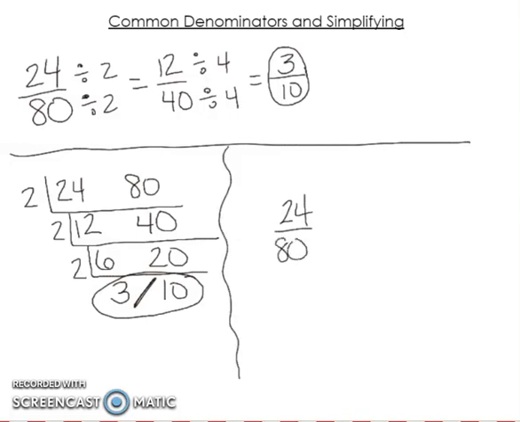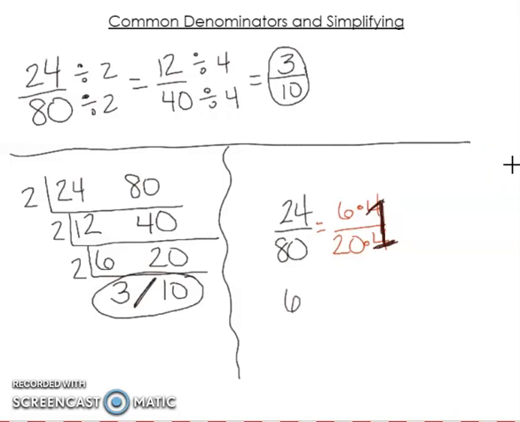Or the other method, the last method, 24 over 80. I'm just going to think, okay, what are 2 factors of 24? So I know 6 times 4 would be 24. Now, using one of those numbers in the numerator, what 2 factors can I think of that would make 80? So I know 4 times 20. Well, 4 over 4 is going to reduce to 1.